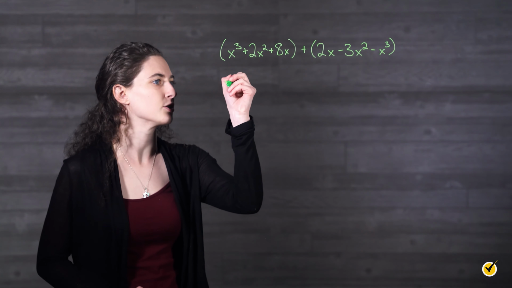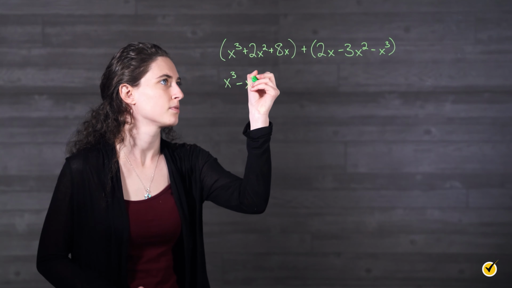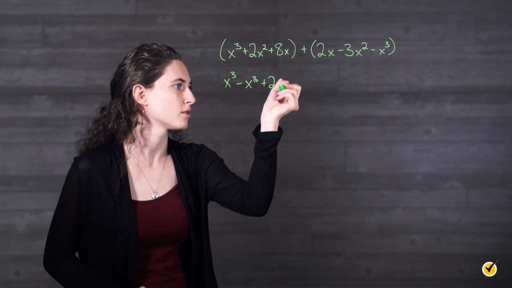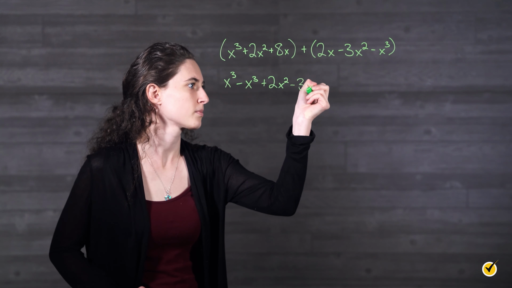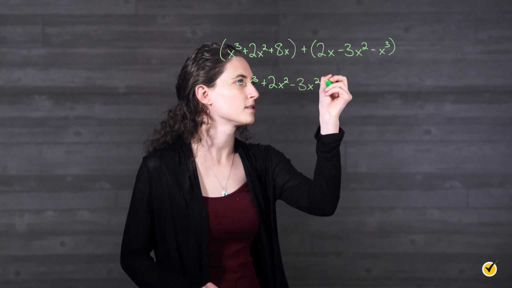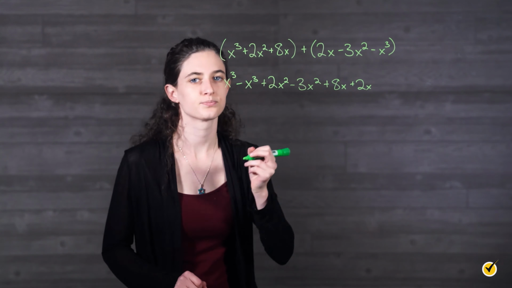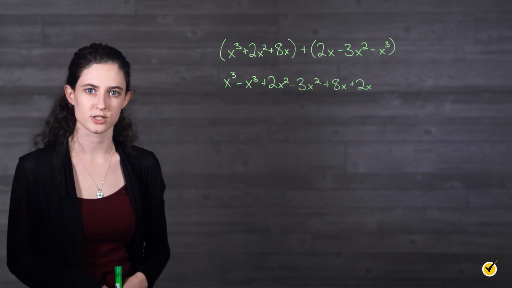Here we have an x cubed and a negative x cubed. Then we have a 2x squared and a negative 3x squared and an 8x and a 2x. Now we can combine these terms and the result will be our answer.